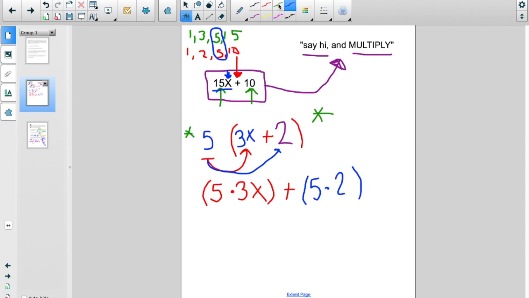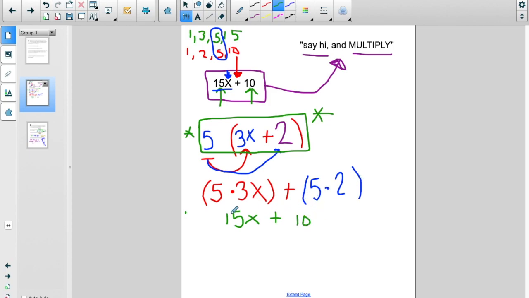Now let's solve to make sure that this answer that we just figured out up here is correct. If I want 5 groups of 3 x's, so each group has 3 x's, how many x's would I have total? The answer would be 15x. Keep that operation, the plus sign, the same, and 5 times 2 is 10.